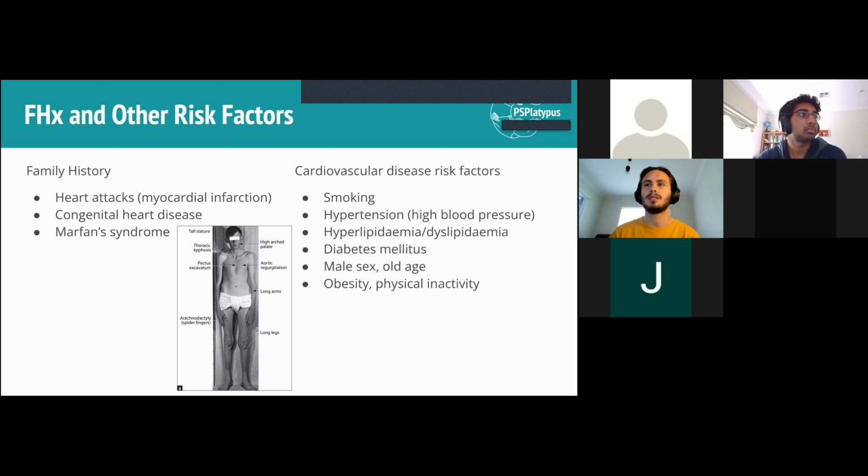And then other cardiovascular disease risk factors. So obviously smoking is a massive one, but then also high blood pressure, high lipids in your blood, or high cholesterol, hypercholesterolemia. But yeah, hyperlipidemia, hypercholesterolemia, and dyslipidemia, or sort of within that realm of metabolic syndrome, as is diabetes. So another sort of endocrine disease, but it's a cardiovascular risk factor. And then just some others.